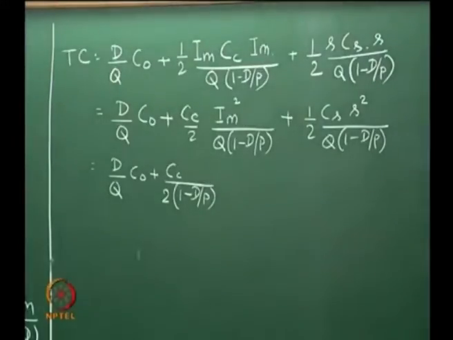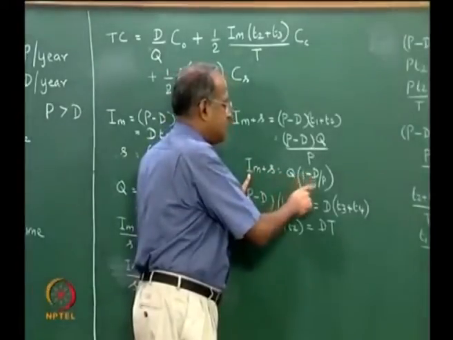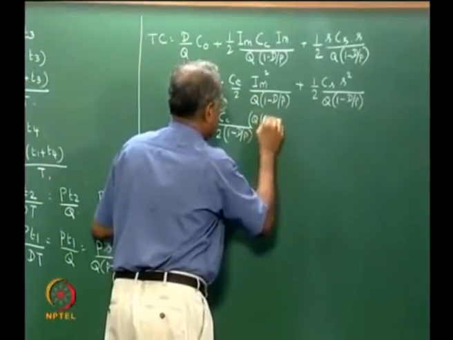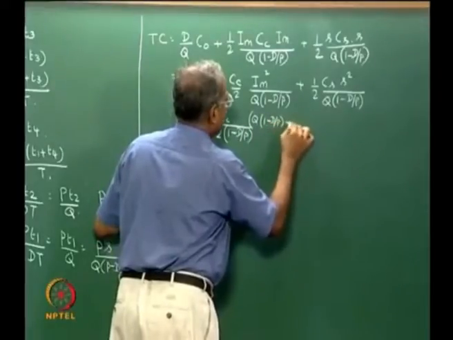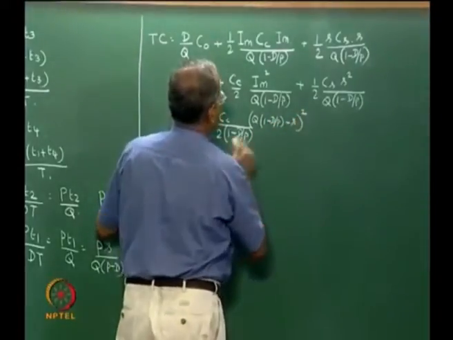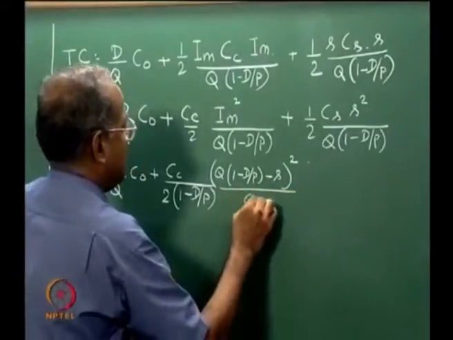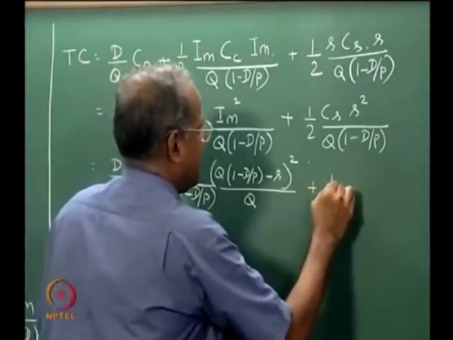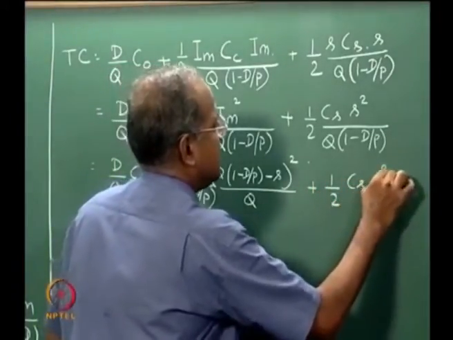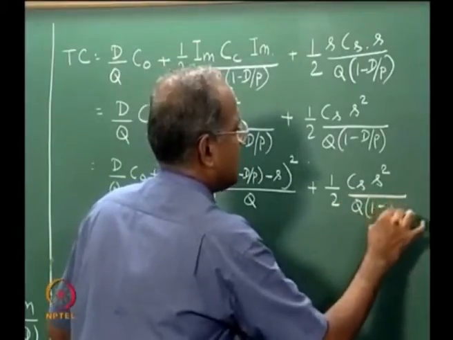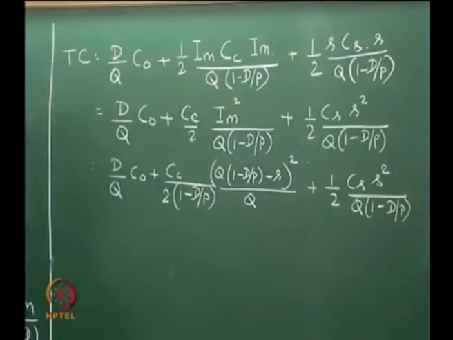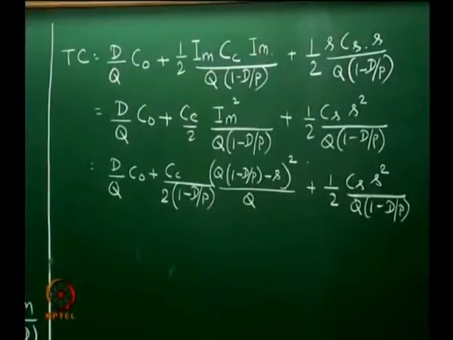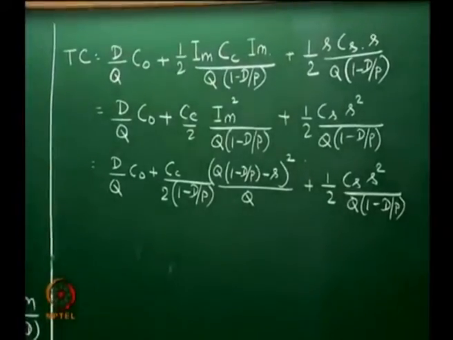Now, Im square will become q into 1 minus d by p minus s the whole square, by q, plus half into Cs into s square by q into 1 minus d by p. So, now this is written in terms of only 2 variables which are q and s.